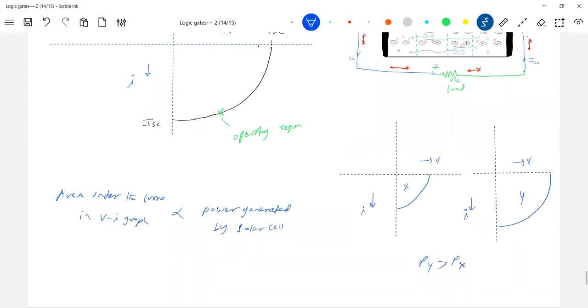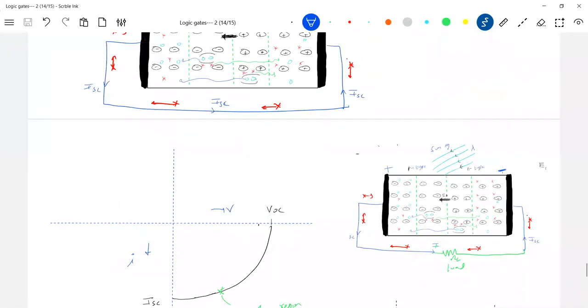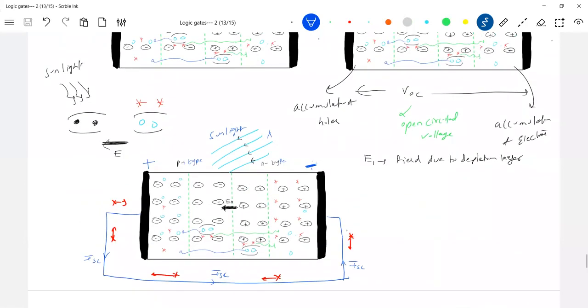Like that, for different materials, I'll plot the curve, and the area of that curve will indicate it. Those materials which have more area, those solar cells will be better, for the same incident light. We can't do anything about the incident sunlight. This is the basic idea of the solar cell here. So they can ask you about the graph, the operating region, and some small ideas like that.